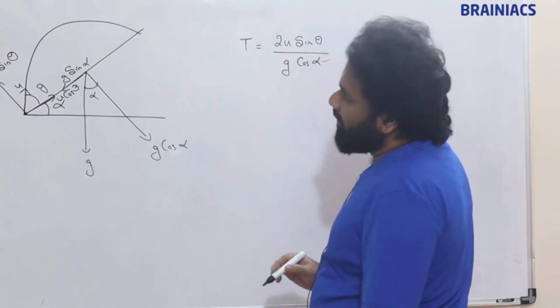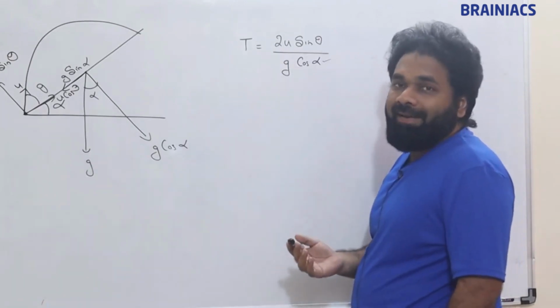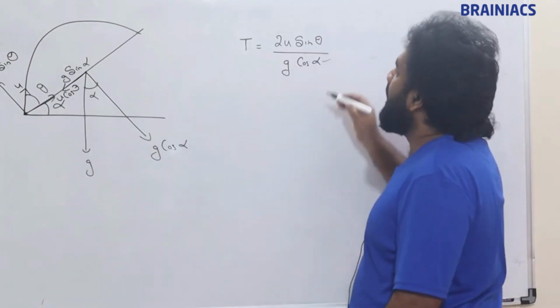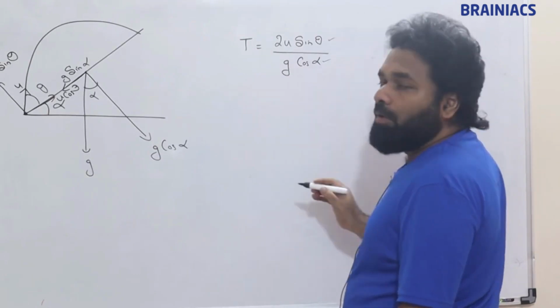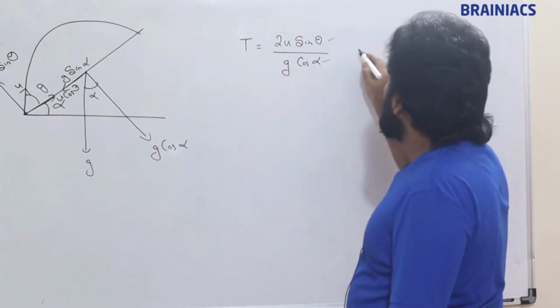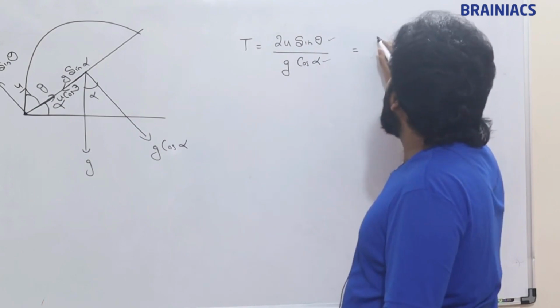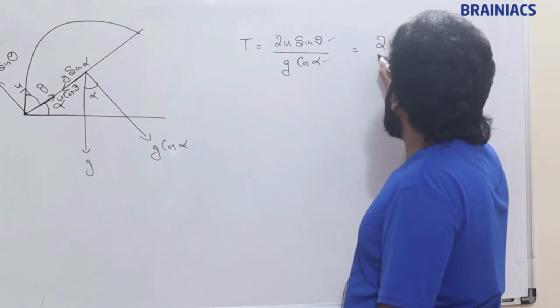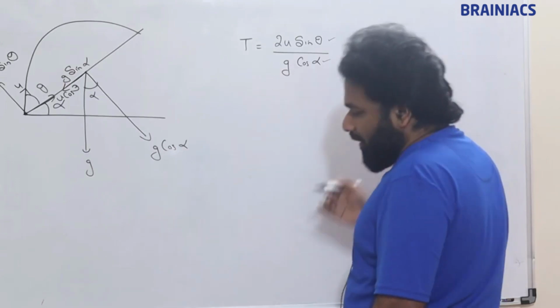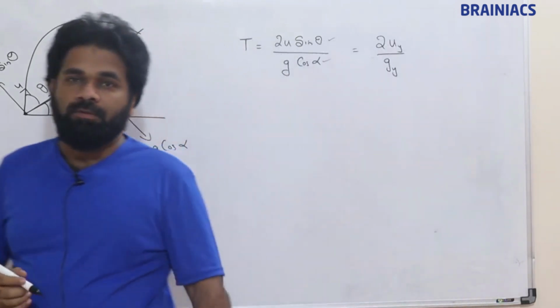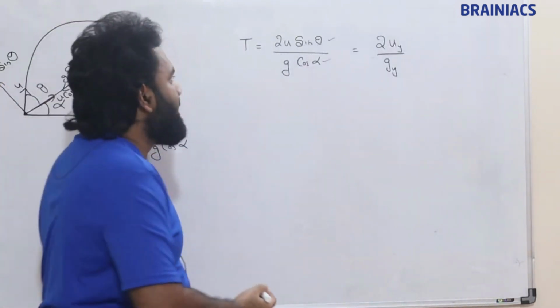Now 2u sine theta by g cos alpha. This g cos alpha is also the vertical component of g, and u sine theta is also the vertical component of u. So putting together you can write time of flight as 2uy divided by gy. This we have seen in the last class.